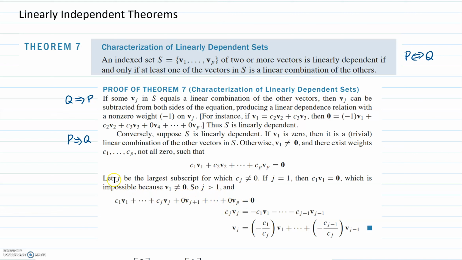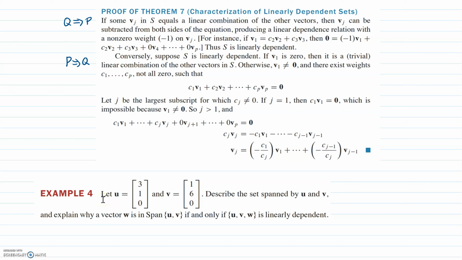Because j was the largest subscript where it was not equal to 0, so all these are not 0, but these are. So we just add them until you get to Vp. And then we can solve for our largest one, Cj Vj. Solve for this term right here, and by bringing everything else over and dividing by Cj, you found a vector, one vector, that is a linear combination of the others.